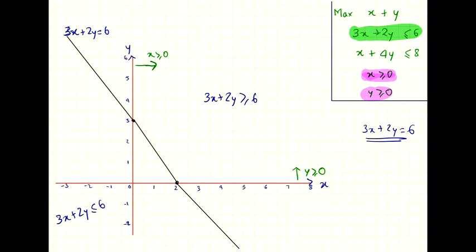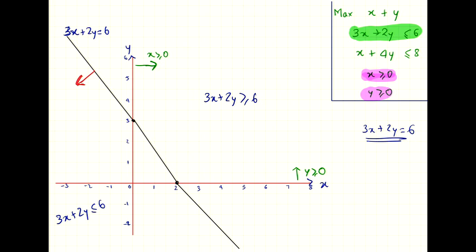If you have a linear constraint on the plane, it will give you a line, and it will ask you to stay on one side of the line. So 3x plus 2y less than 6 is asking us to stay to the left of this line.